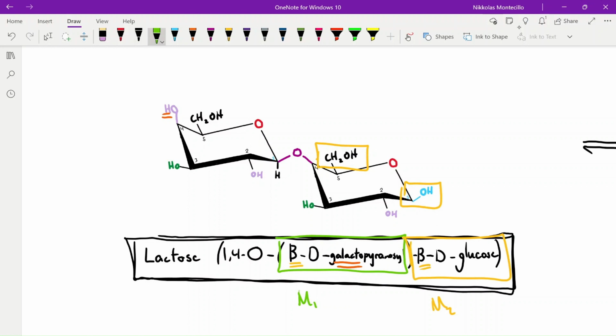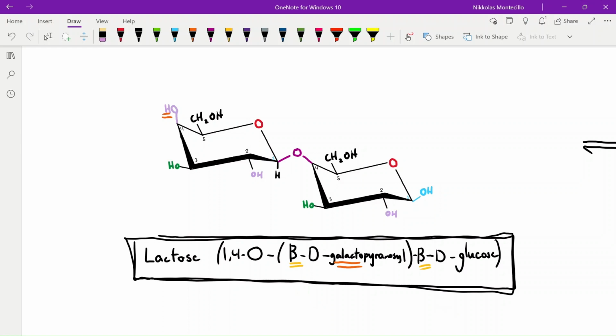The same thing occurs with beta-D-galactopyranose, the beta-D-galactopyranosyl group, where the substituents of carbon 5 and carbon 1 are on the same side of the ring. Okay, so that's essentially what the entire name is referring to.